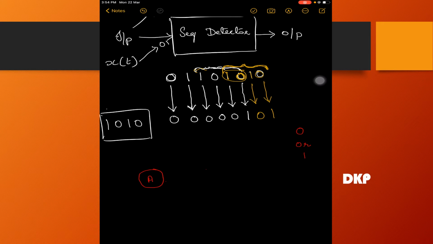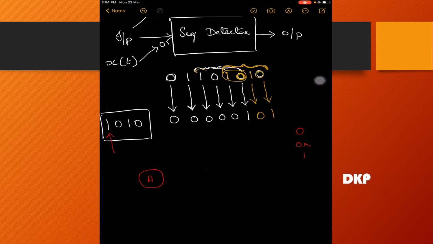In the first case, in state A, if the machine receives an input 0, the machine does not start the detection process. Why? Because the first bit in the desired sequence is 1.